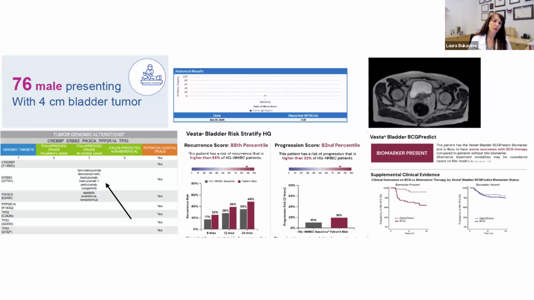If he unfortunately metastasizes, which for many of us urologists who deal with the non-muscle invasive space is an opportunity to cure a patient, we have ERBB2 mutations and HER2 staining, so this patient already has everything set up for them to succeed. And I think ctDNA is a huge component of that.